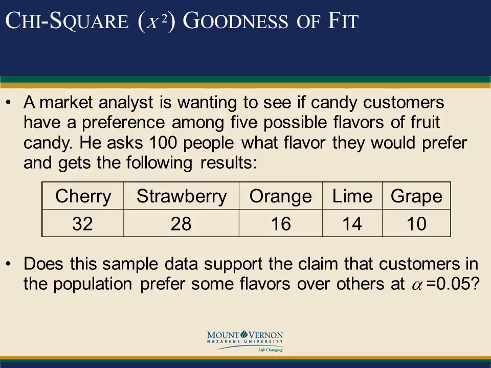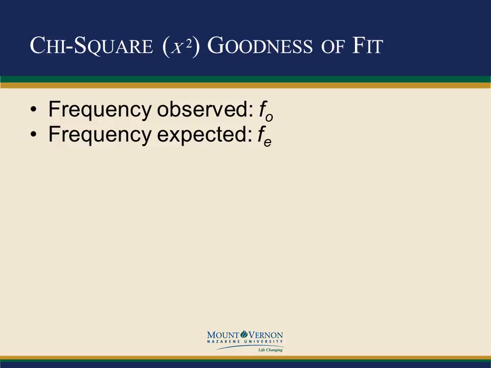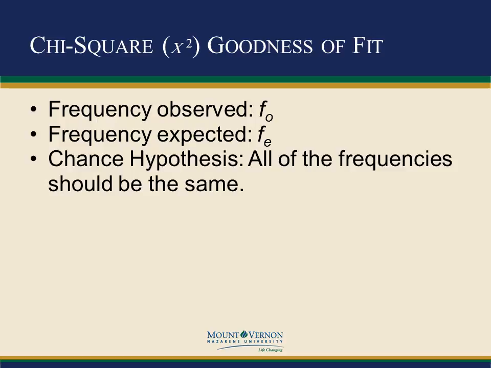So we want to know whether the sample data support the claim that customers in this population prefer some flavors over others. You see, it could be just by chance that we have this particular sample. Some terminology and notation we'll use: the observed frequency is f sub o, and the expected frequency is f sub e, the subscript underneath the f.